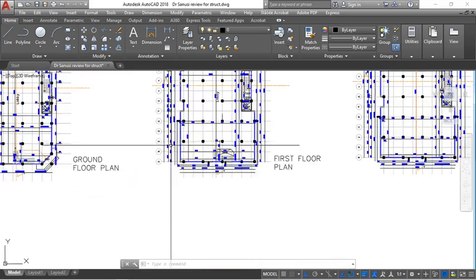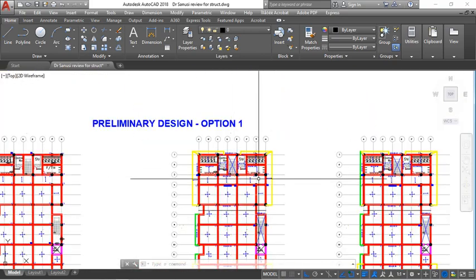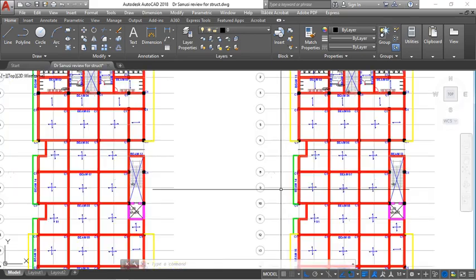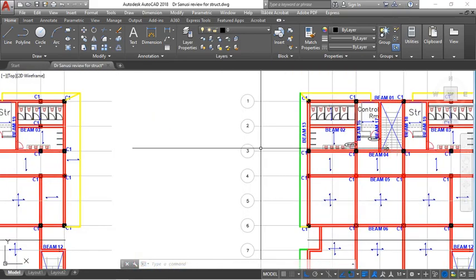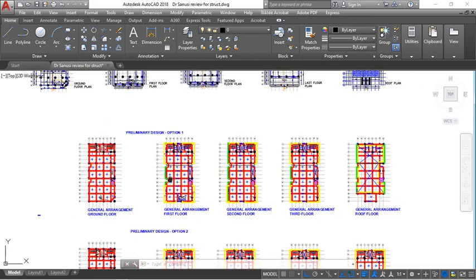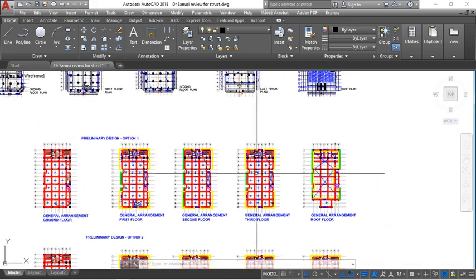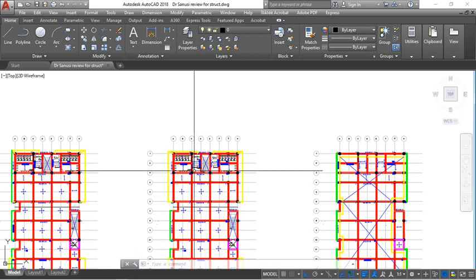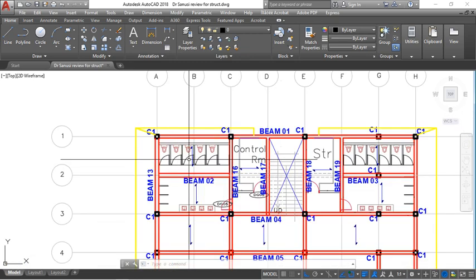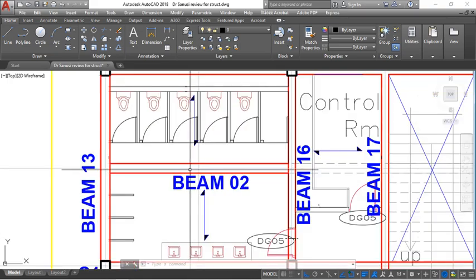Every other thing can be different. Somebody else can come up with another arrangement and it will still be right. So it is not a one-solution-fits-all kind of thing.